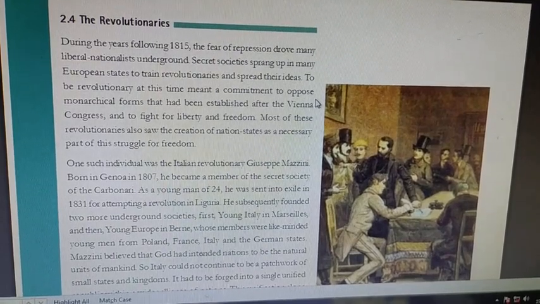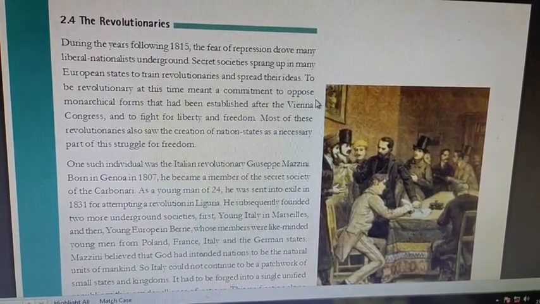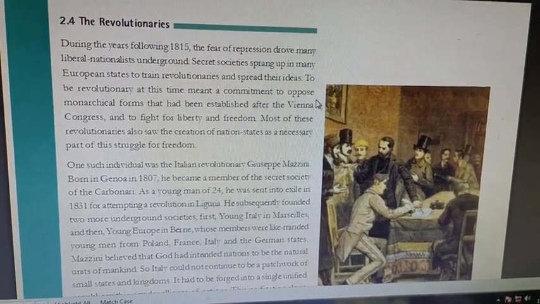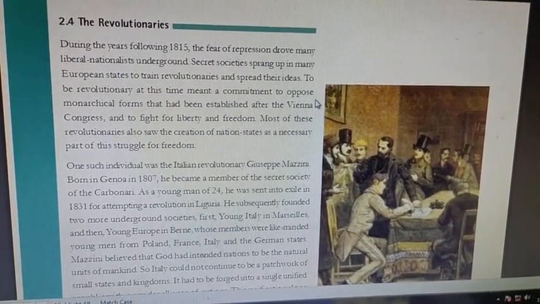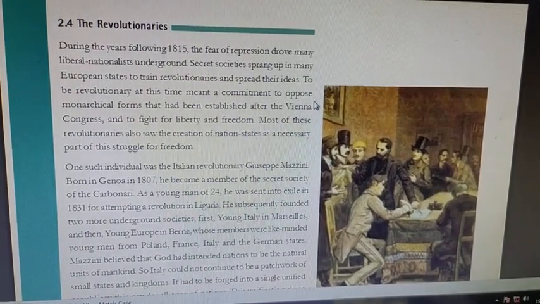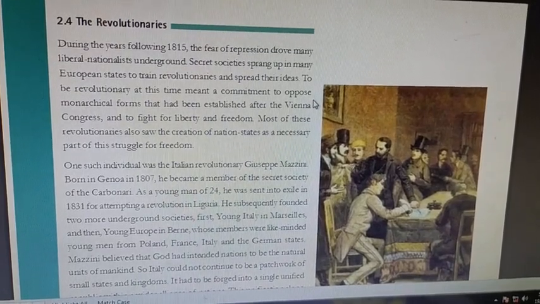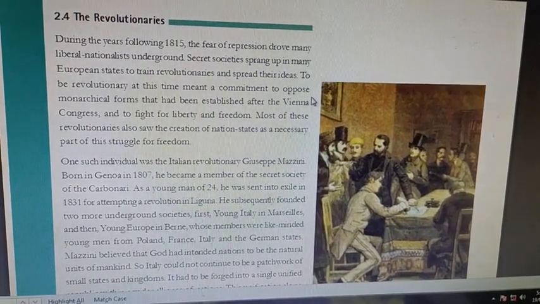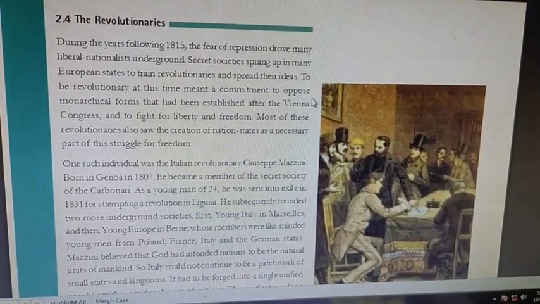The Italian revolutionary became a member of a secret society and was sent into exile in 1831 for attempting a revolution in Liguria. He founded two underground societies, and we can say that Italy had to be formed into a single united republic within a wider alliance of nations.